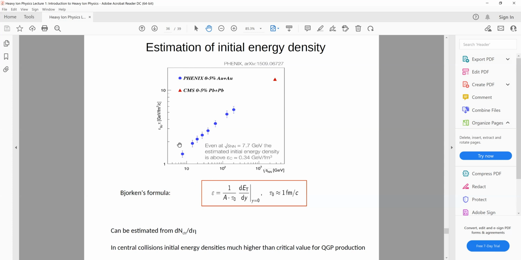In other words, the measurement of charged particle multiplicity or rapidity distribution, the differential distribution, is important because it will give you a hint of the initial state energy density, and in most cases at RHIC and LHC you find that the estimated energy densities are much larger than the energy required to produce a QGP, which ultimately means that QGP might have been produced in such conditions.